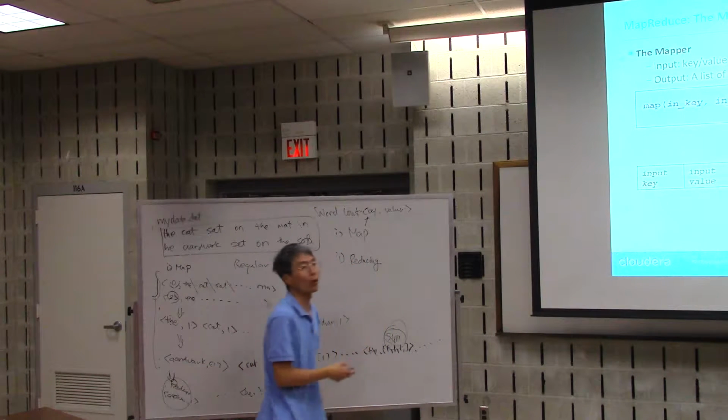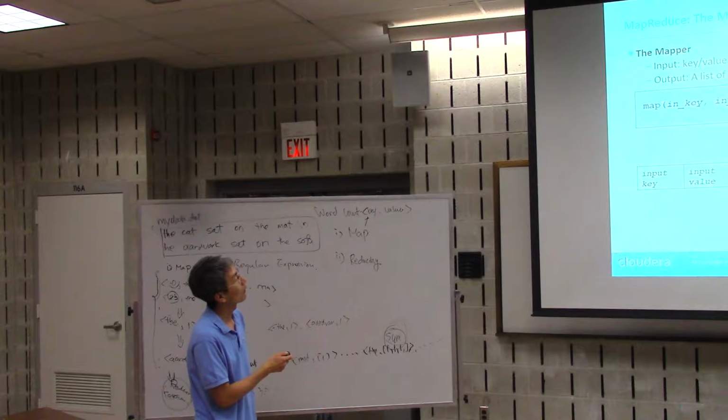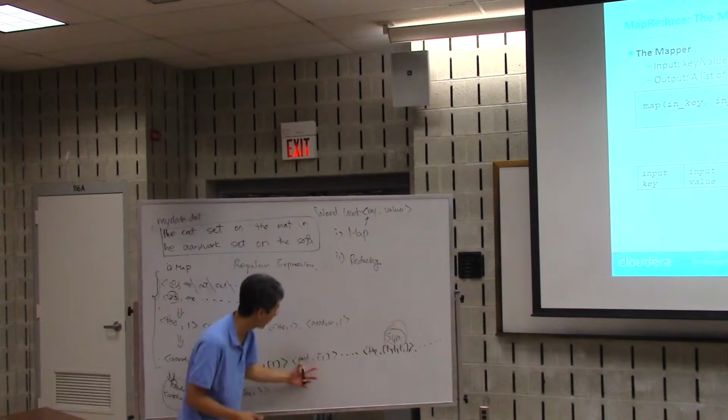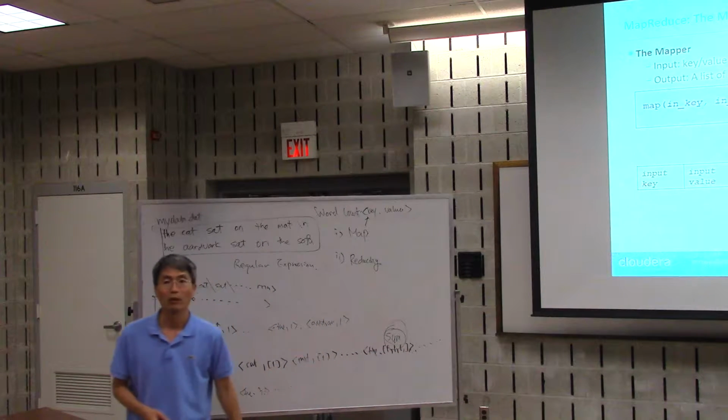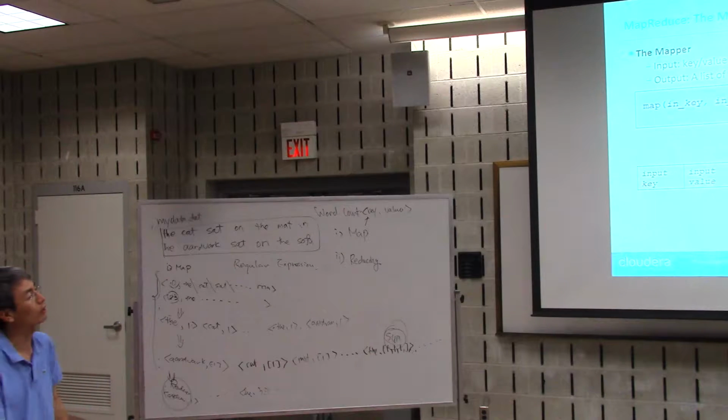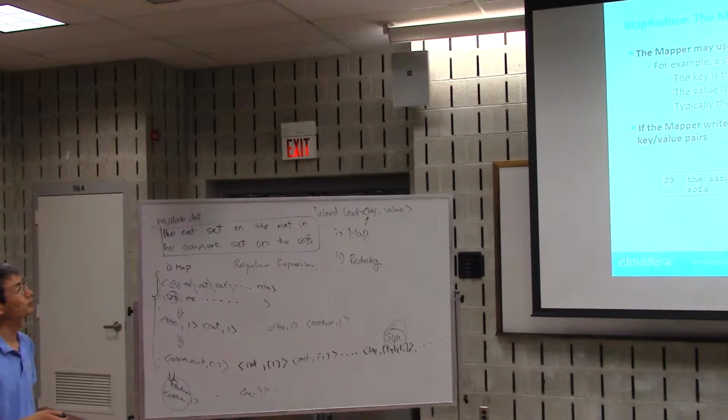That is our goal. So in class map, the input is the input key and input value, and the output is a list of intermediate key and intermediate value pairs.